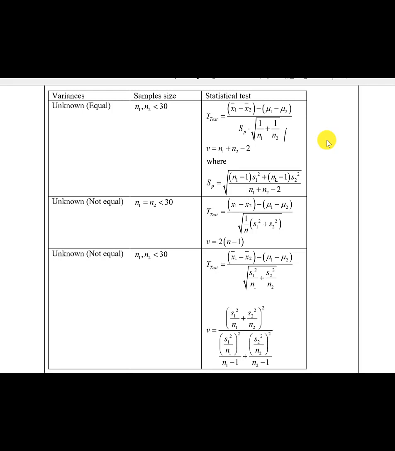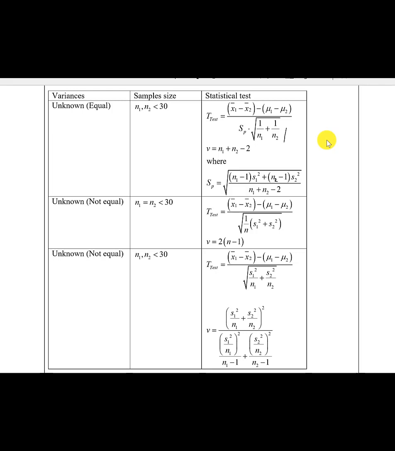So if less than, you have to use the left tail test. If greater than, you have to use the right tail test. For the one tail test, you must use the alpha value originally given from the question.